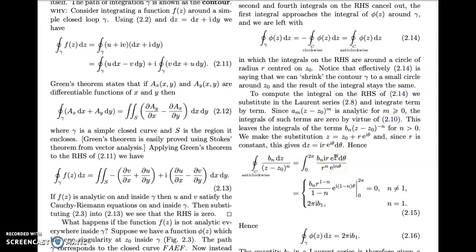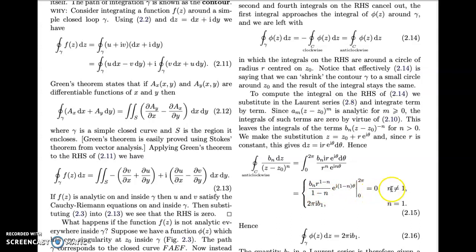So if we integrate e to the i times (1 minus n) theta, that just brings us i times (1 minus n) downstairs, which the i's cancel. This, of course, is only true if n is not 1.